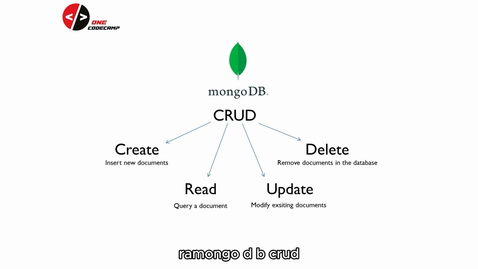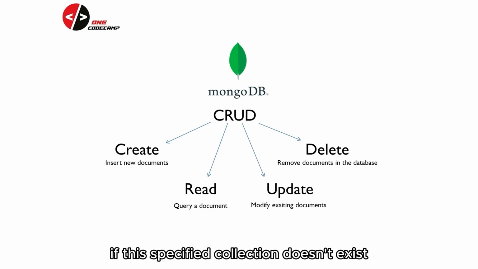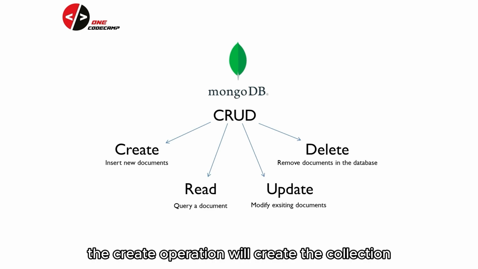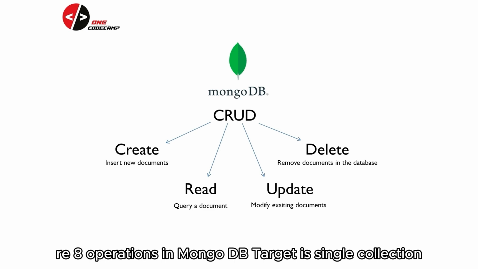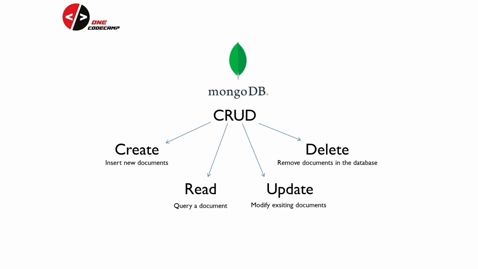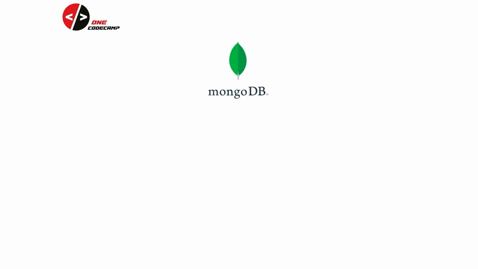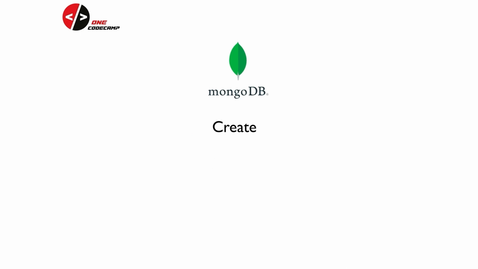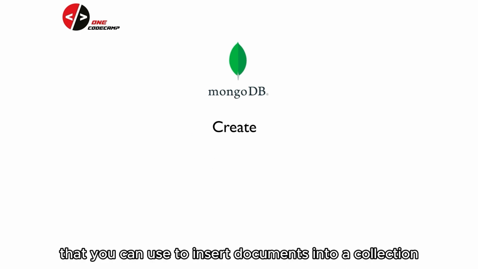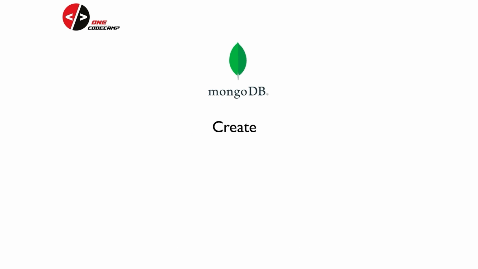For MongoDB CRUD, if the specified collection doesn't exist, the create operation will create the collection when it's executed. Create operations in MongoDB target a single collection, not multiple collections. MongoDB provides two different create operations that you can use to insert documents into a collection.